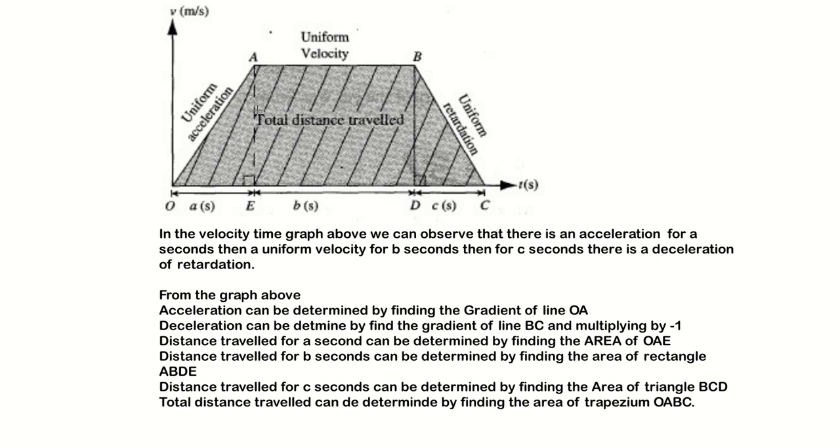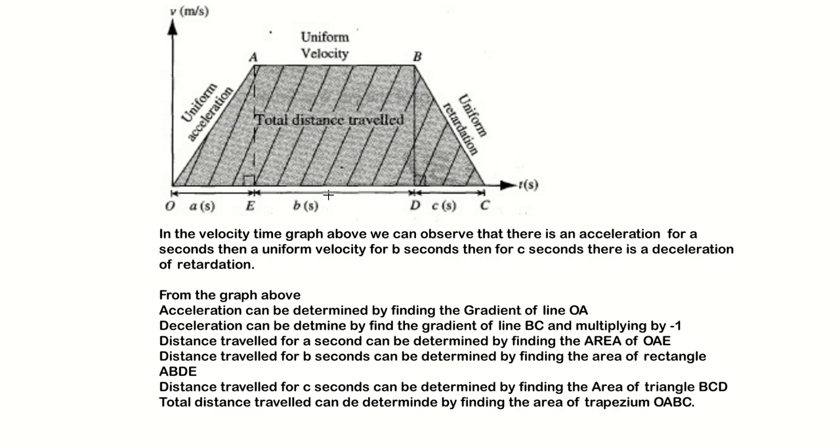If I wanted the distance from O to A, I would have to find the area of this triangle here. If I wanted the distance from D to C, I would have to find the area of BDC, that triangle. If I wanted the distance of my uniform, I would just have to find that rectangle.